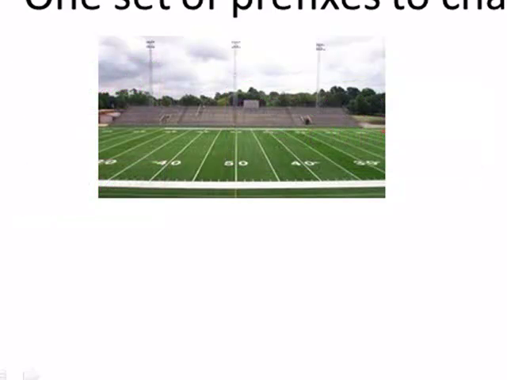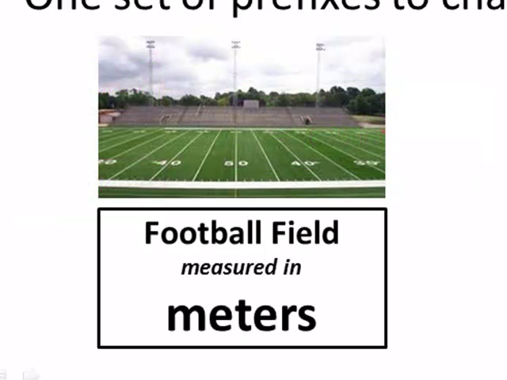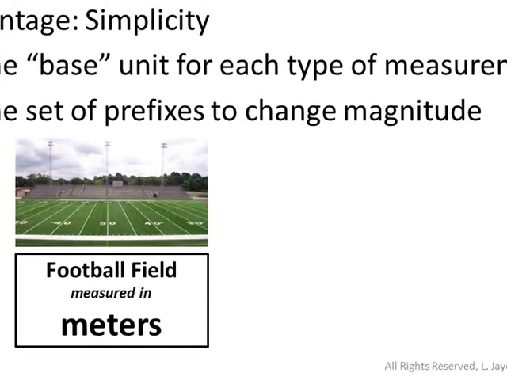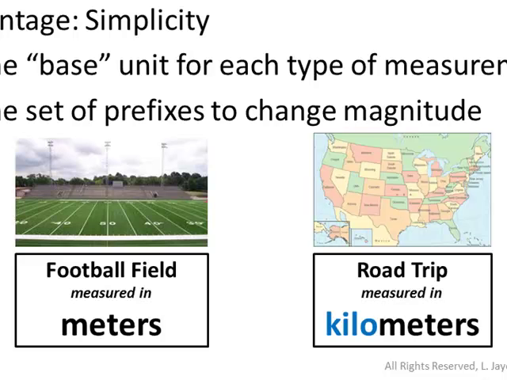In the metric system, we'd likely measure the length of a football field in a unit called meters. A meter, we'll see later, is roughly almost the same size as a yard. So in fact, a football field is about 91 meters long. Now, if I wanted to measure something much longer or that had a much greater distance than one end of a football field to another, for instance, something like a road trip, I wouldn't have to change to an entirely new unit.